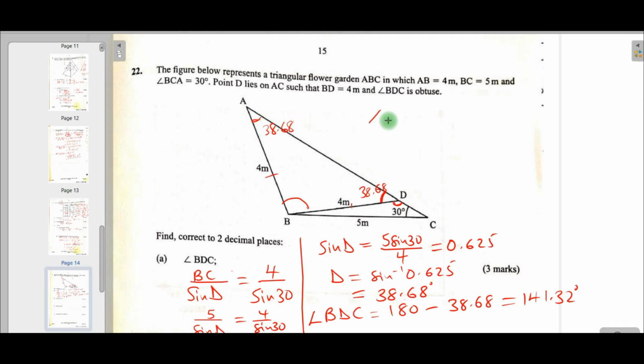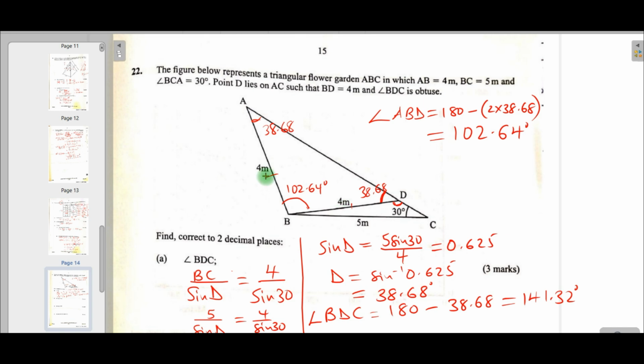Therefore angle ABD will be 180 minus 2 times 38.68, and working it out we get 102.64 degrees. So this angle is 102.64 degrees. That will help us work out the length AD.